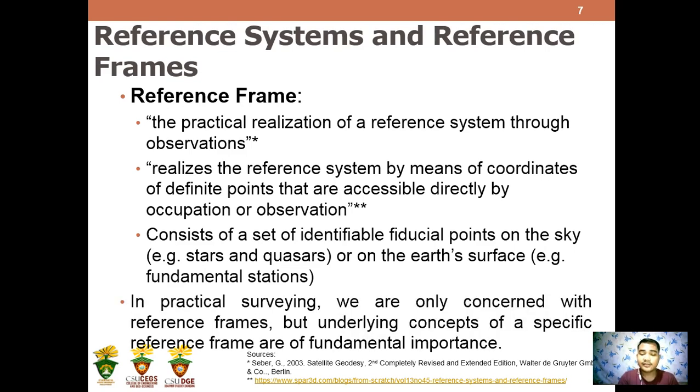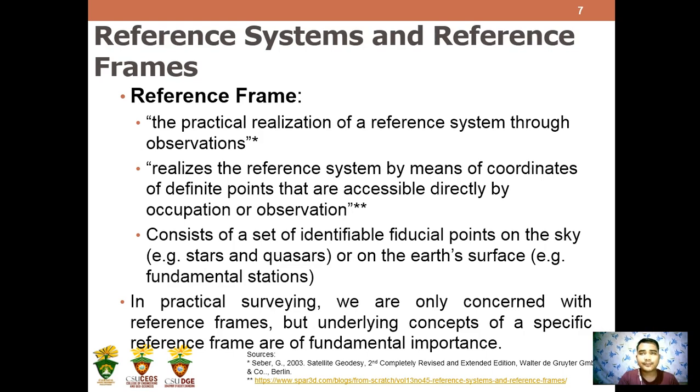In practical surveying, we are only concerned with the reference frame, but the underlying concepts of a specific reference frame are of fundamental importance. So the reference frame is now the realization of the concept that you planned or thought of during the formulation of the project, for example.